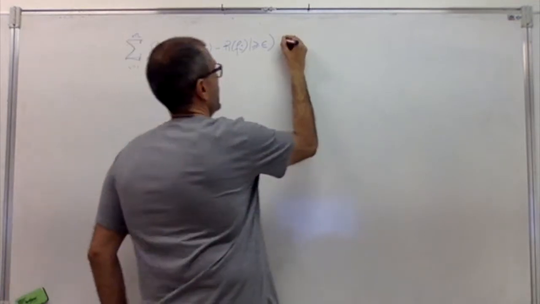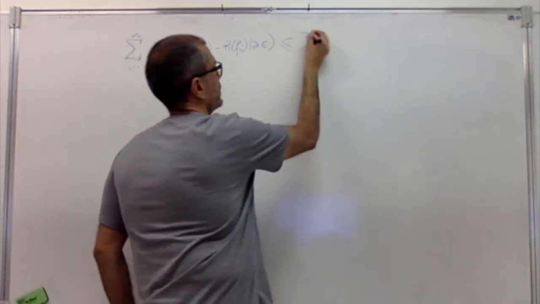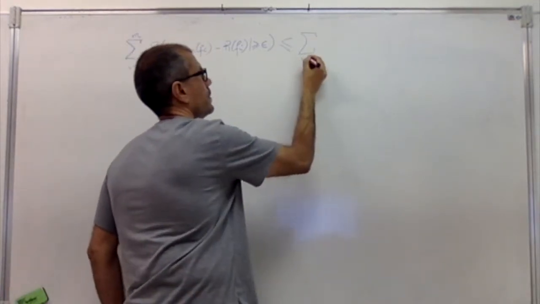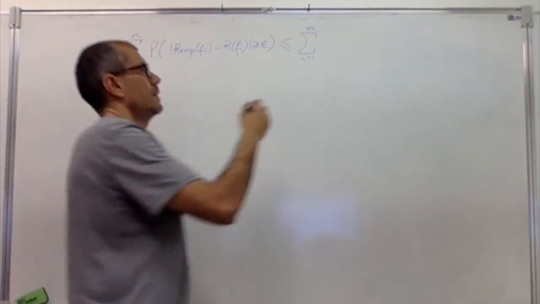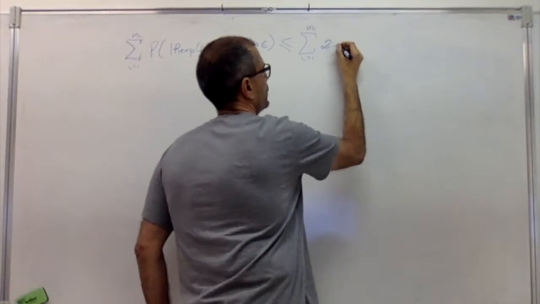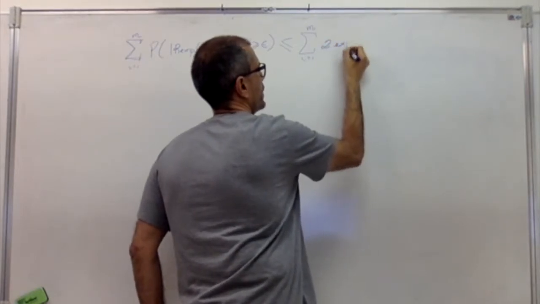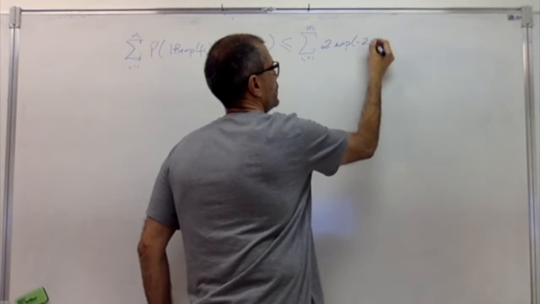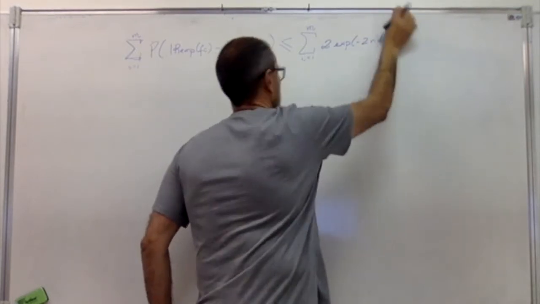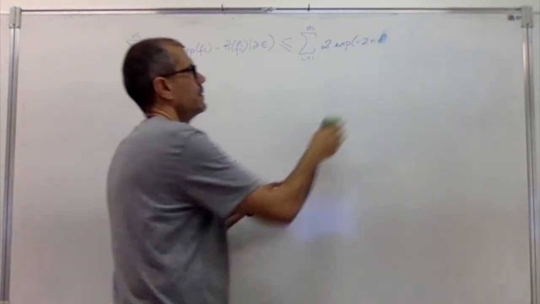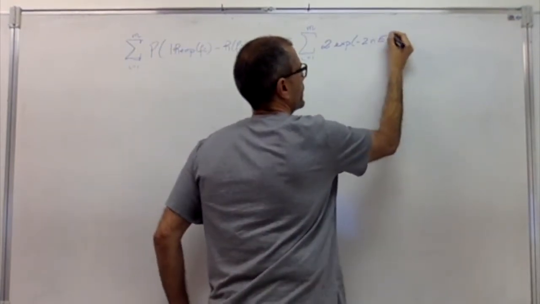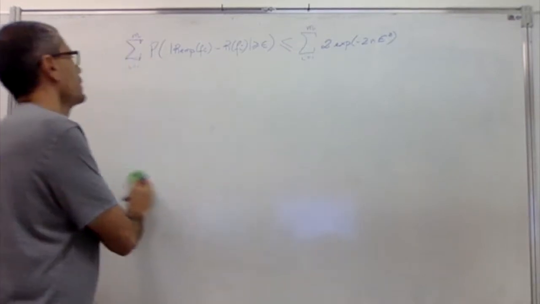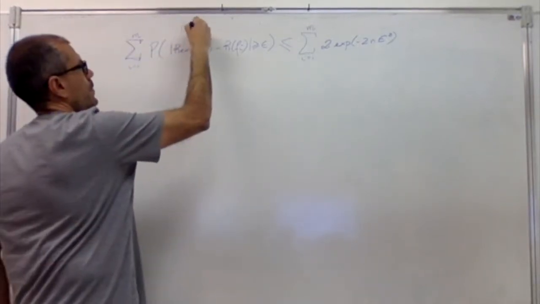But anyway, we stopped here, summing up on the other side also the terms from 1 to m, which are equal to 2 times the exponential of minus 2n epsilon squared. This is after the law of large numbers.